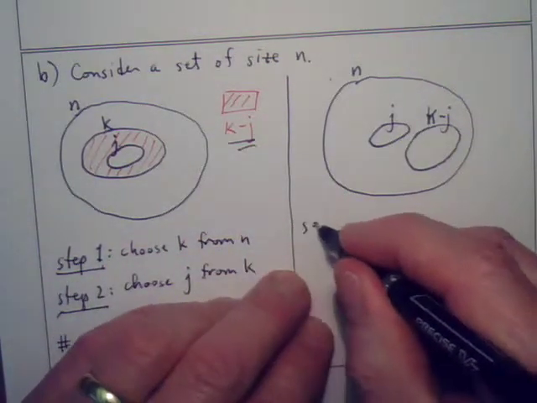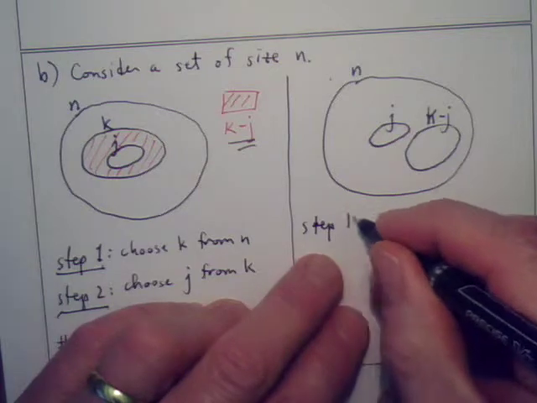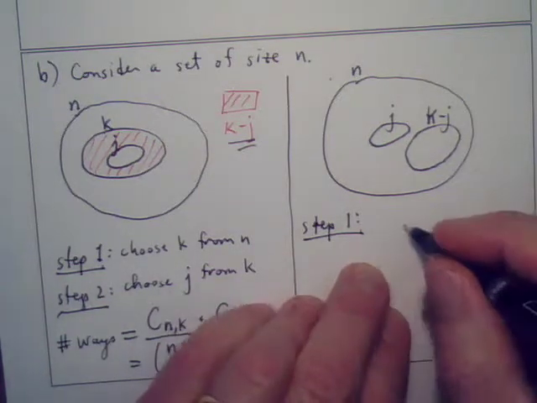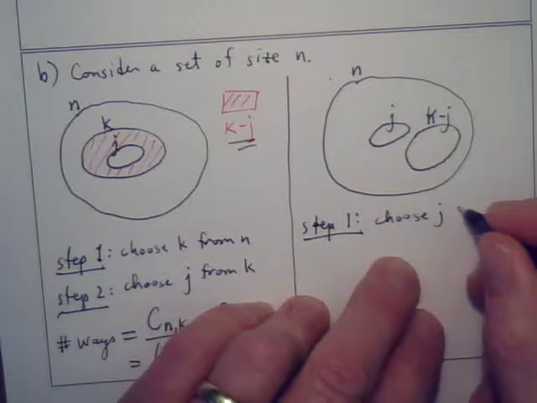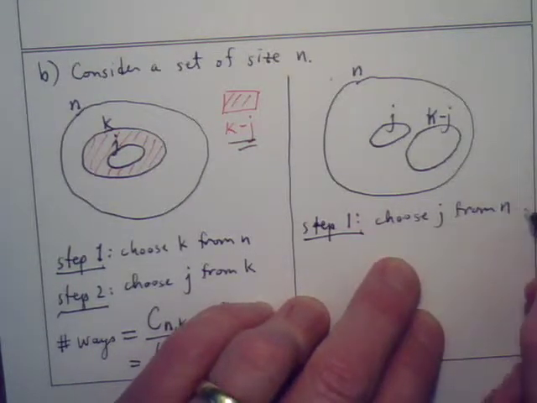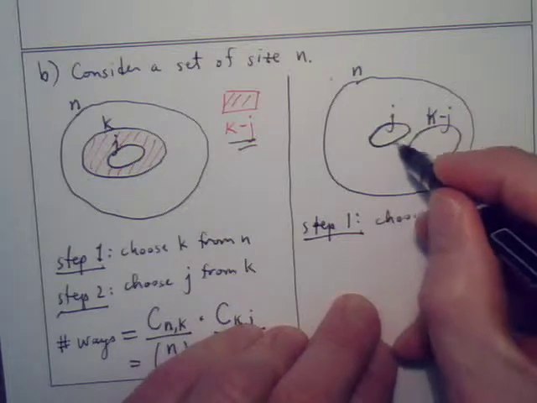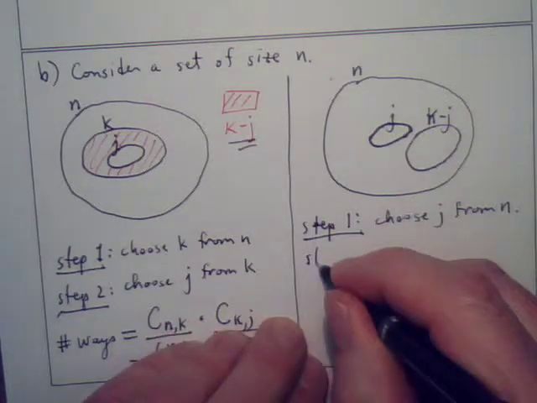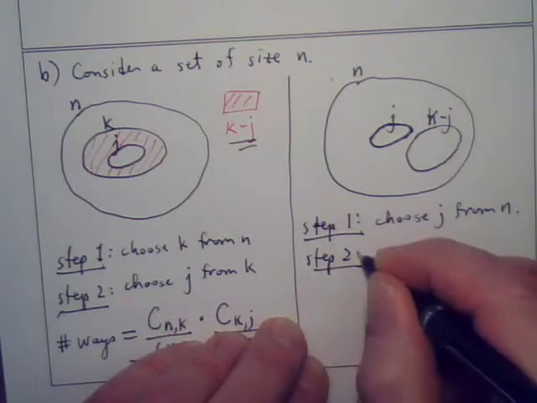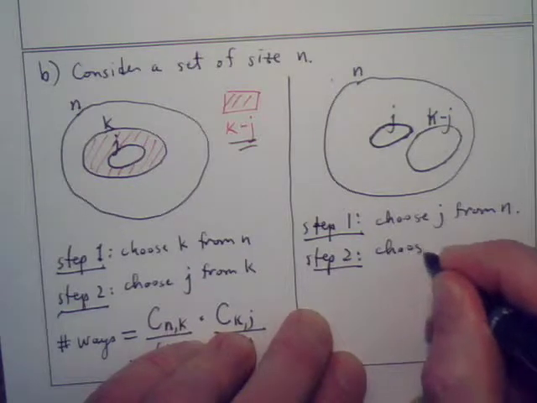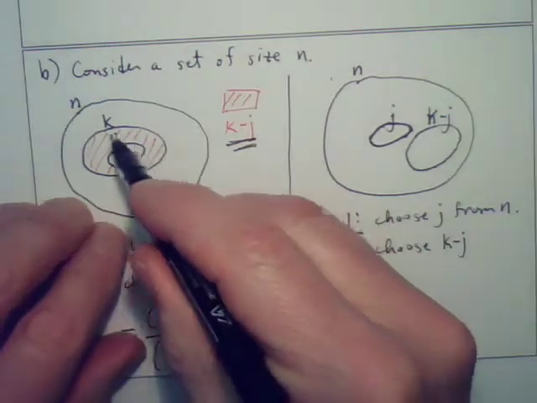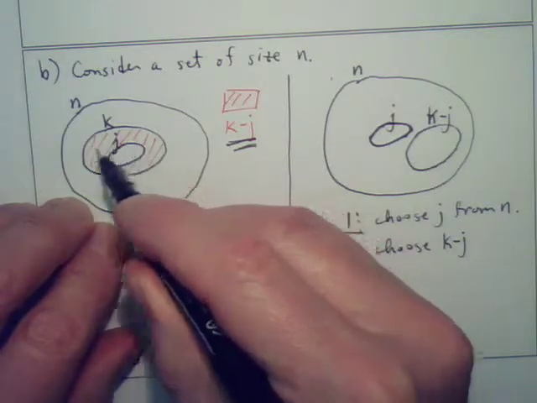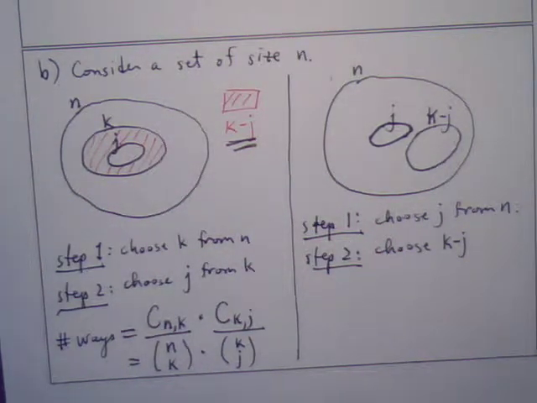So step 1. We're going to choose j elements from n elements. I'm going to make this little circle here. And step 2, I'm going to choose k minus j elements, that is this shaded area here, out of how many?